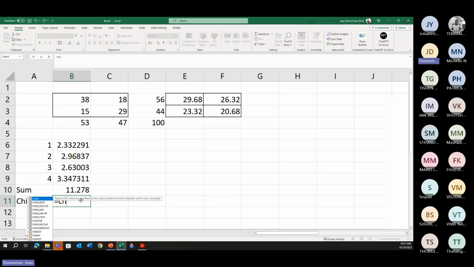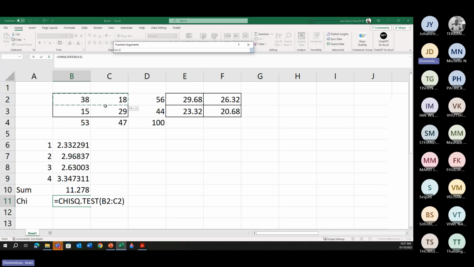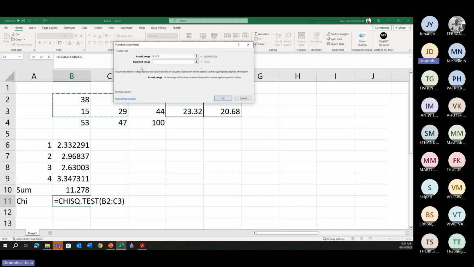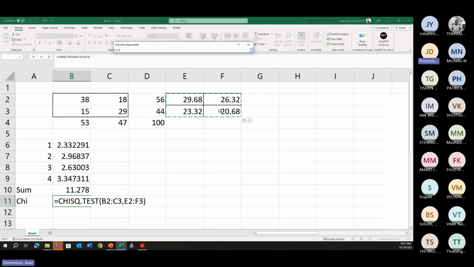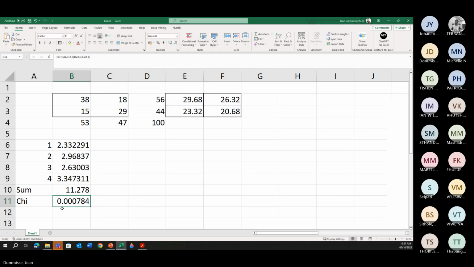Let's see what else is there. There's a chi-square test. So it asks for the actual range, then the expected, and that is actually the other way around. So that now is the p-value that we've done here.